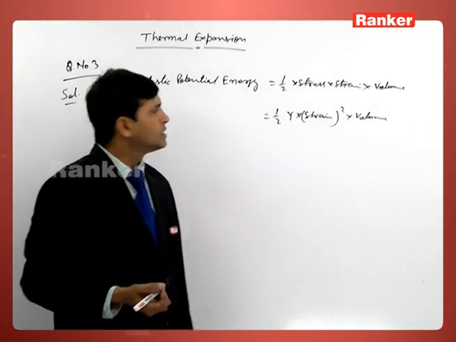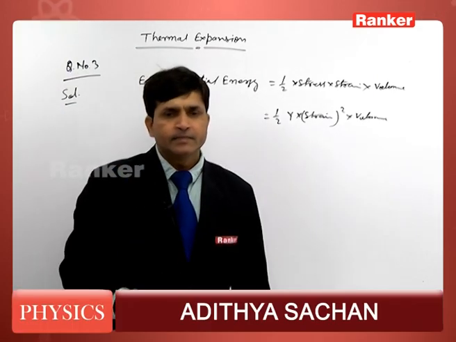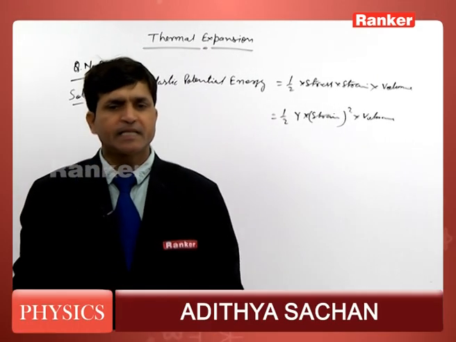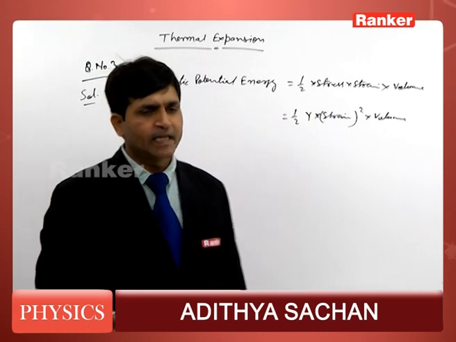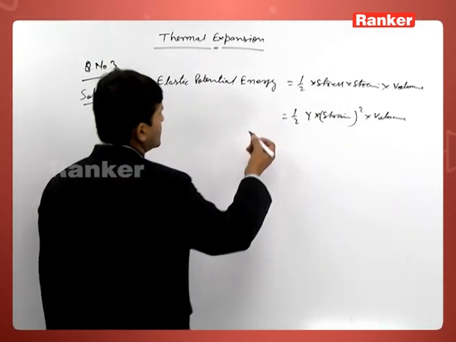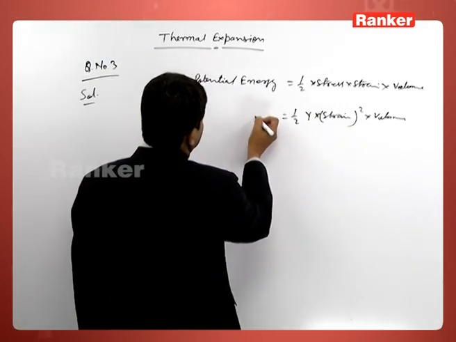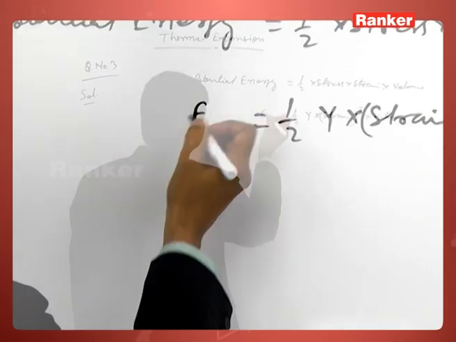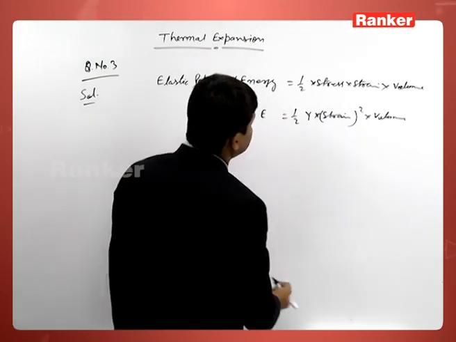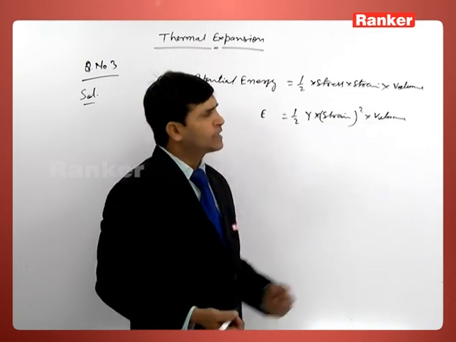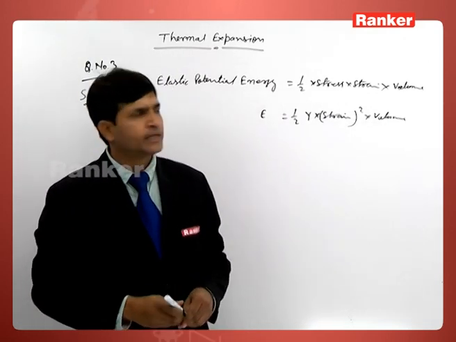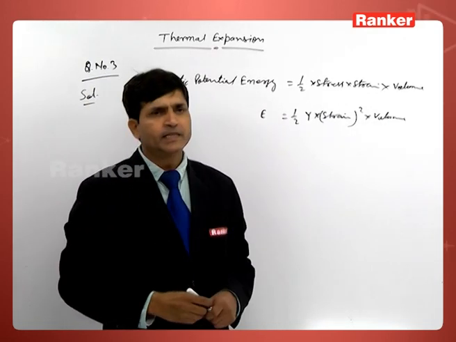Now here they are giving us the temperature change of 10 degrees Celsius. So this is your energy. First we will find the strain, and volume is given: area of cross section is given, and length for 1 meter they are asking.